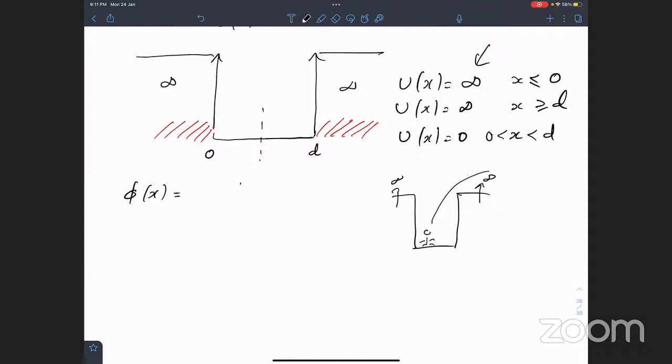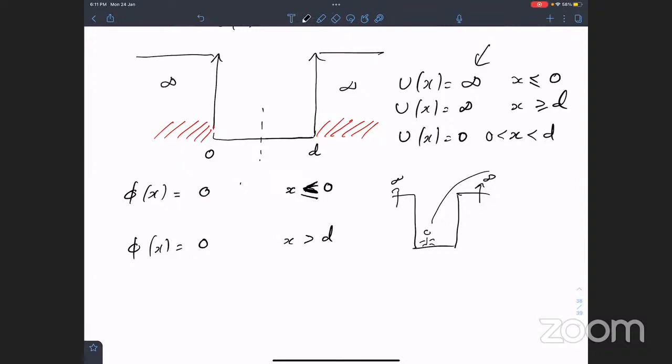But even before doing any of that, just by the physics, I can say that it's going to be 0 for x less than 0. Okay. Why? Because it cannot cross, right? It's also going to be 0 for x larger than d. In fact, I have to say less than or equal to.